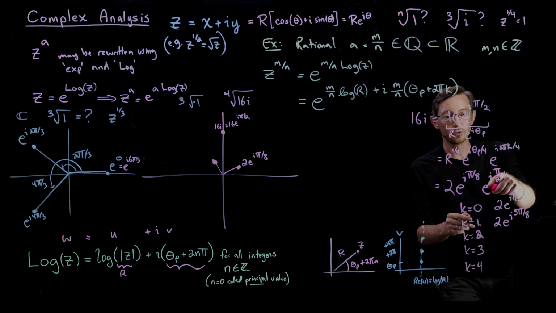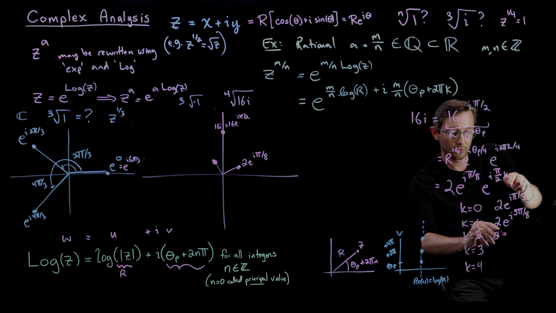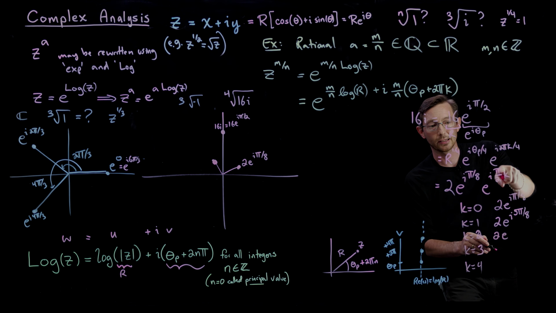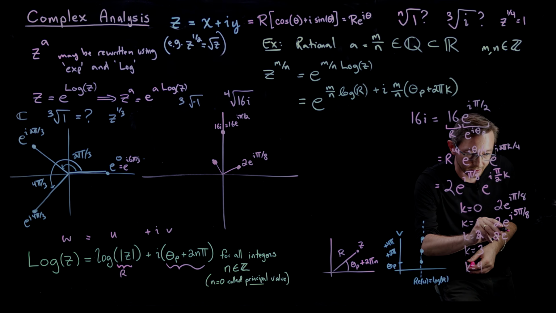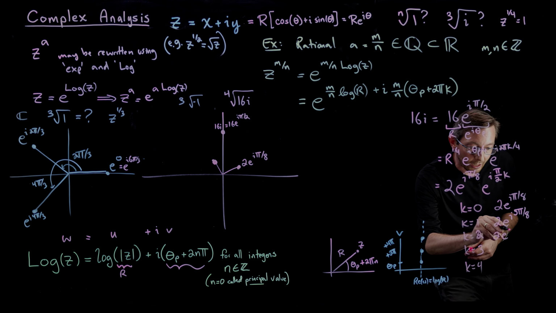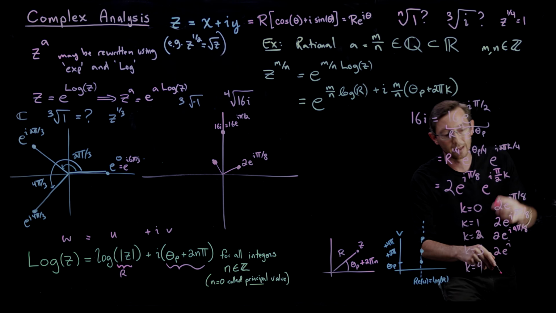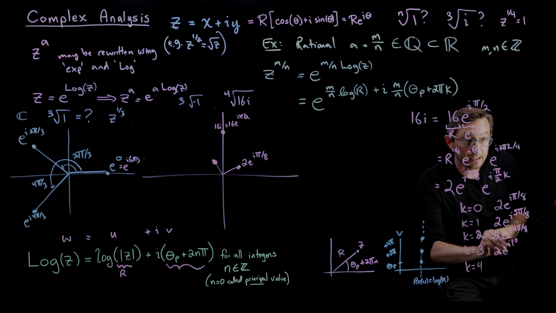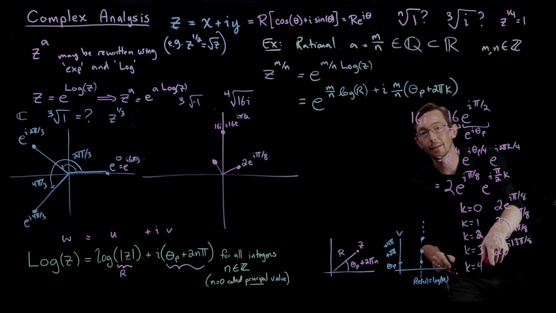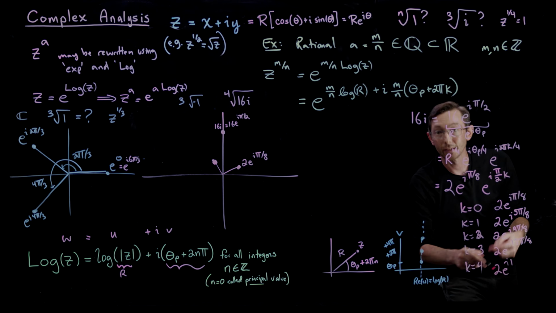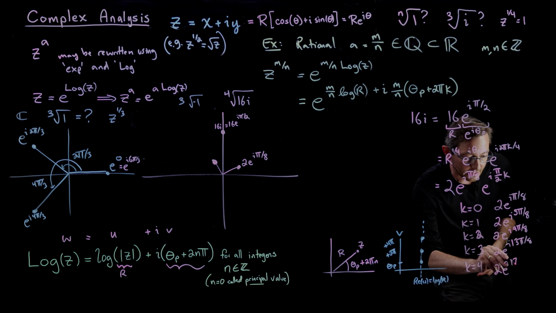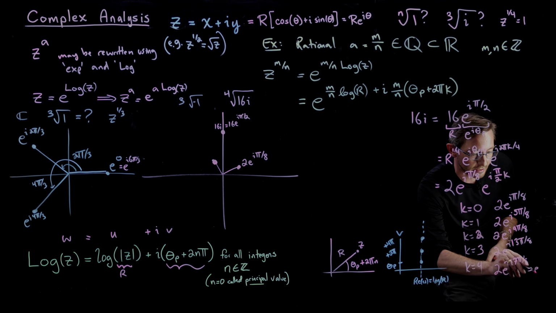If I have k equals 2, then this is 2e to the i pi eighths plus pi, which is 9 pi eighths. I'll do k equals 3, which is 2e to the i, probably 13 pi eighths. And by the time I get to k equals 4, I add 4 again, I'm going to get 17 pi eighths, which equals e to the i pi eighths.